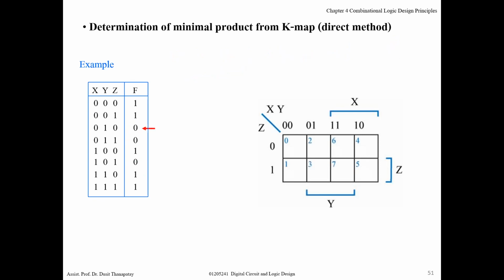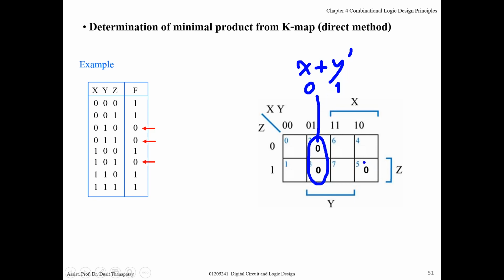Write down the zeros in the K-map, and then select them. For example, these two cells will be zero when x is 0 and y is 1, not depending on z. So you can write it as x plus y prime, because when x is 0 and y is 1, x plus y prime gives 0 output.